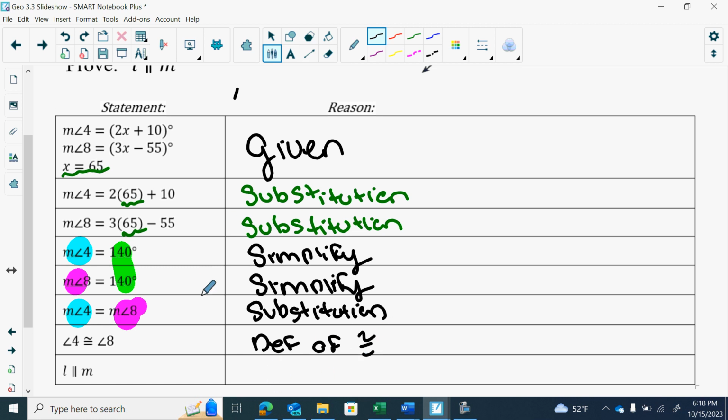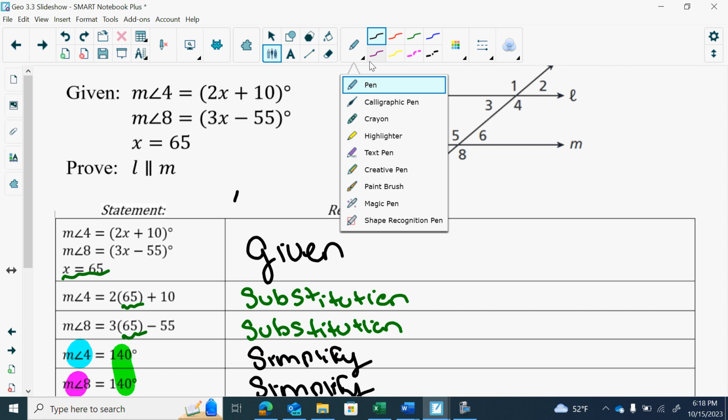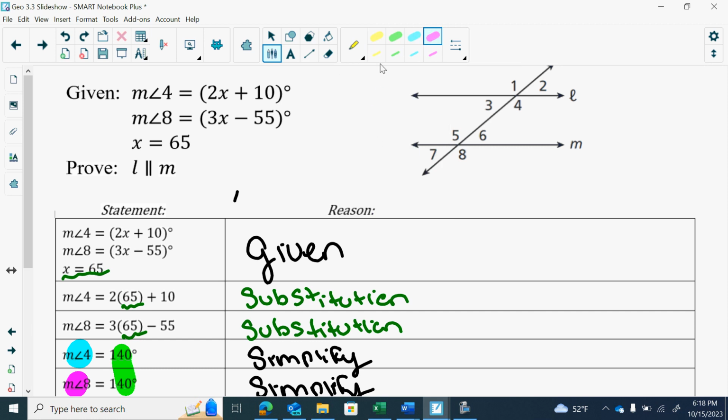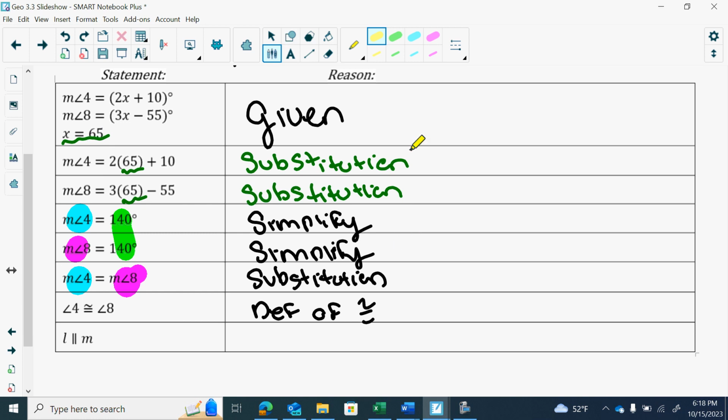And since now, if we go back up to the figure real quick, I have just proved, using some pretty easy steps, that angle 4 and angle 8 are congruent, and since those two are corresponding angles, I can use the postulate I just showed you, which is the converse of the corresponding angles postulate.